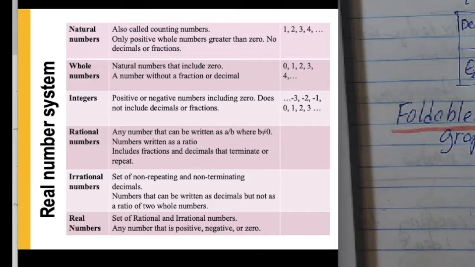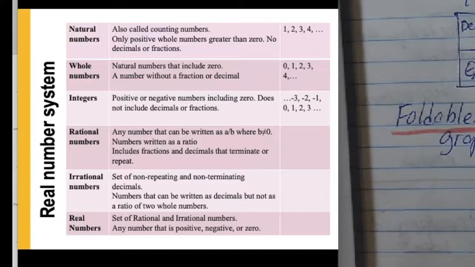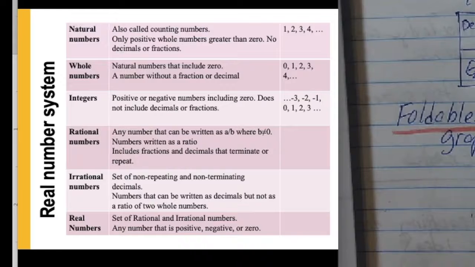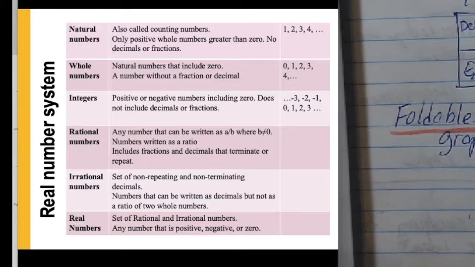The definitions that we looked at: natural numbers, also called counting numbers, begin with a number 1. Whole numbers begin with a number 0. Integers include my positive and negative numbers, or numbers and their opposites. Whole numbers and their opposites. It includes the number 0.